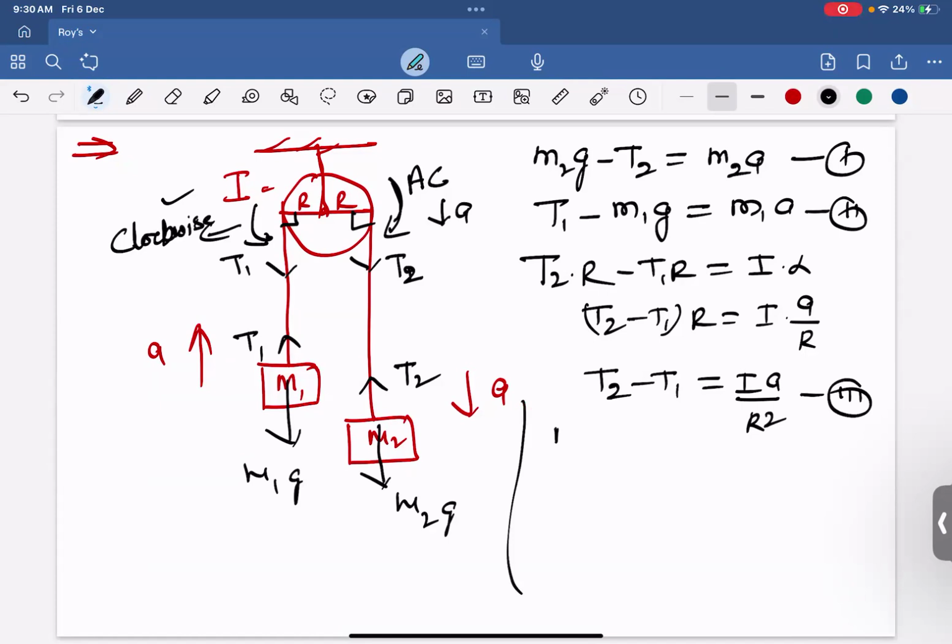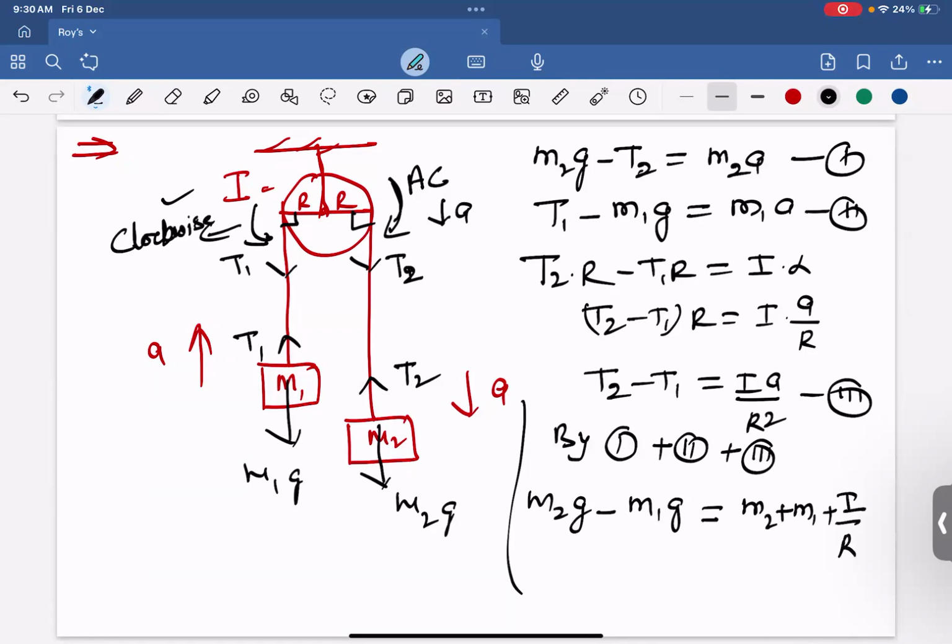Now what I'll do is add all three equations, 1 plus 2 plus 3. So T2 minus T2 cancels, and T1 minus T1 cancels. So I get M2g minus M1g equals, on the right side, M2, then M1, and I divided by R square, with a common in all.